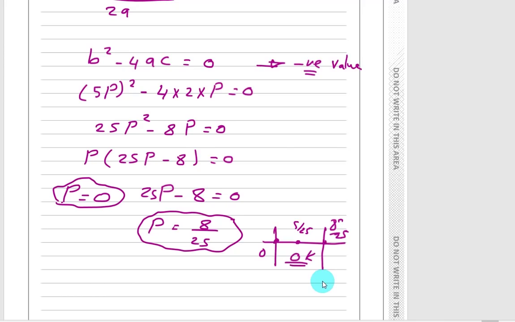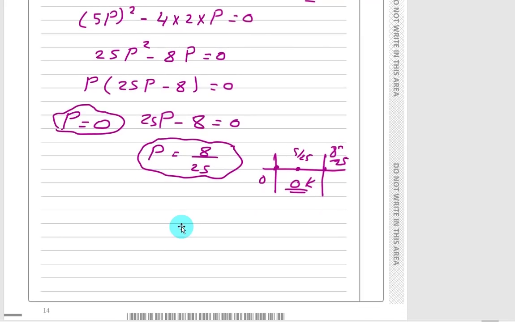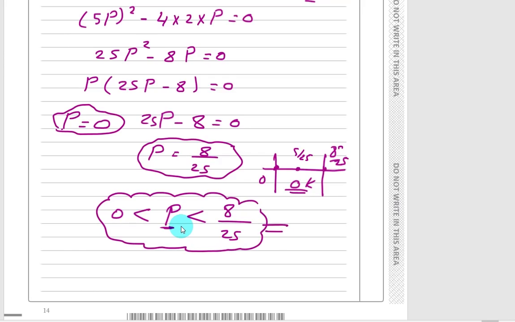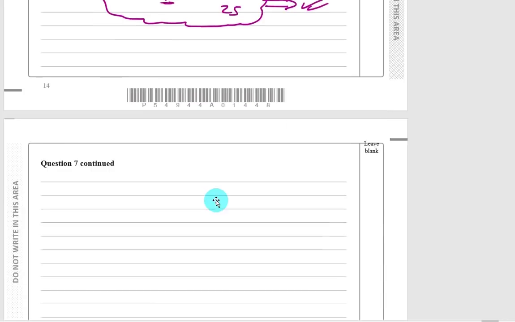So between 0 and 8 divided by 25, this part is negative, so it means that b is bigger than 0 and less than 8 divided by 25. And this is the possible value of b. Okay, so let us start another question.